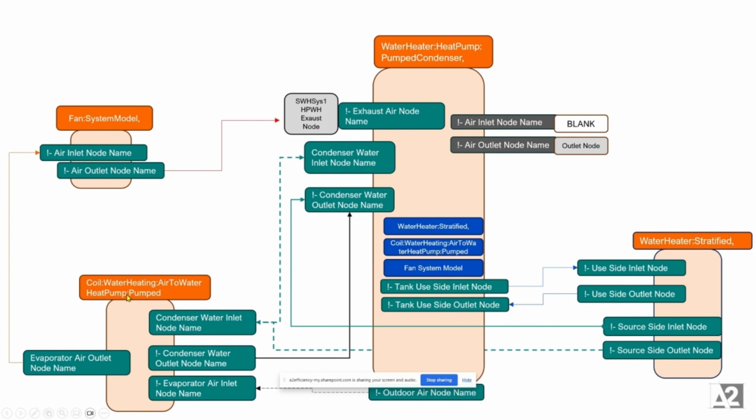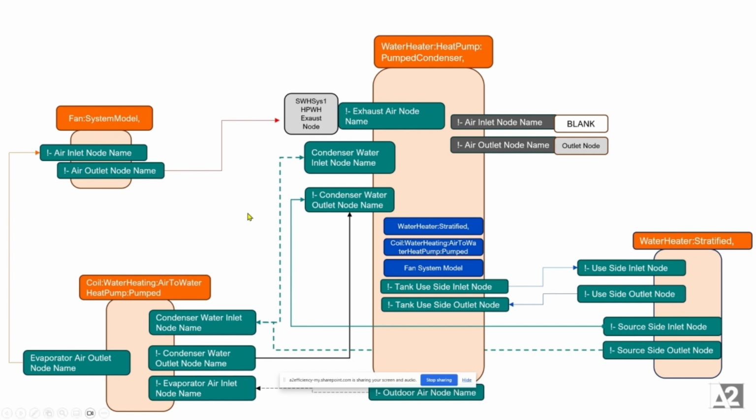They call it the coil water heating air to water heat pump pumped. Essentially though, this is the compressor. This is where we'll put in the details of how big it is, what the efficiency is, and then separately it strips out the fan that is exchanging the heat, the evaporator fan that's pulling the heat from outside, or a room in this case, if it's in a room.